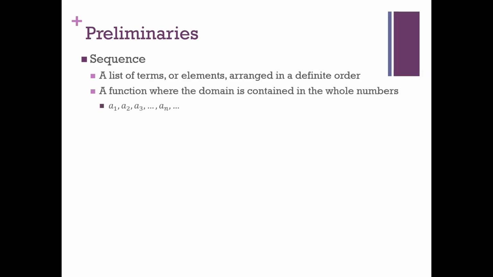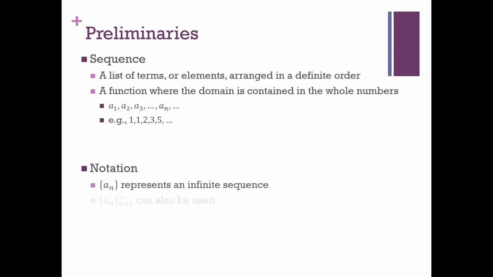Typically, we represent these terms as a sub 1, a sub 2, your catch-all default. You'll see both of these notations used to represent infinite sequences. The curly braces indicate that I'm talking about a sequence. Sometimes you'll also see me use the indices; the subscript n equals 1 signifies where it starts.